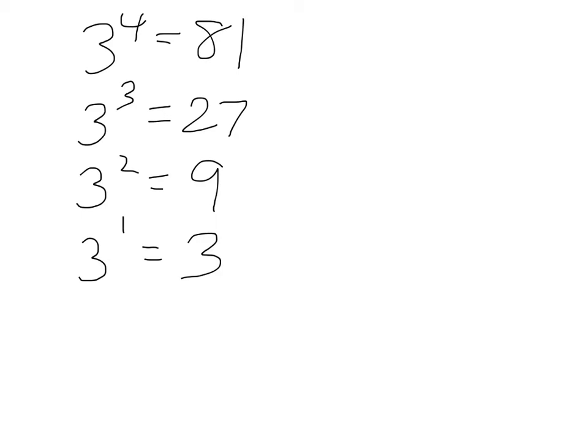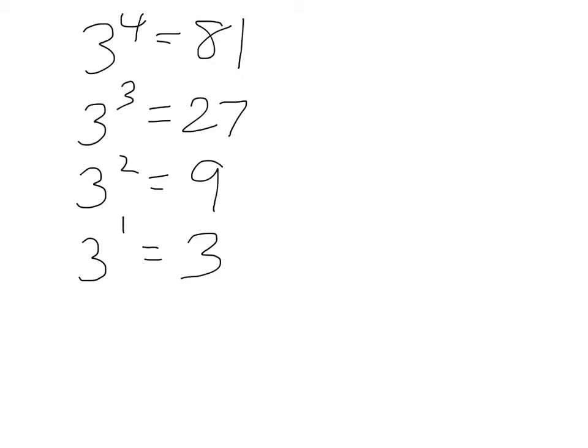Now, if we continue that, let's talk about the pattern here for a second. If I use what we said before, as the exponent decreases by 1, I divide by 2, that's not true. What is it this time? Whenever the exponent decreases by 1, you divide by 3.